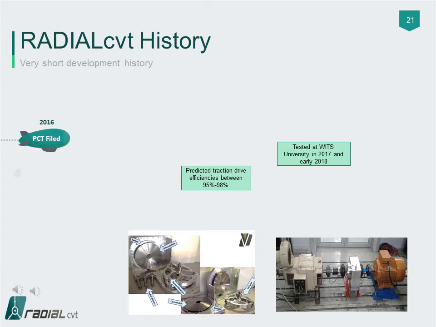A PCT application on the radial CVT configuration was filed in 2016, and this PCT patent application number WO2017143363 was granted in February 2017 without any modification to the claims.